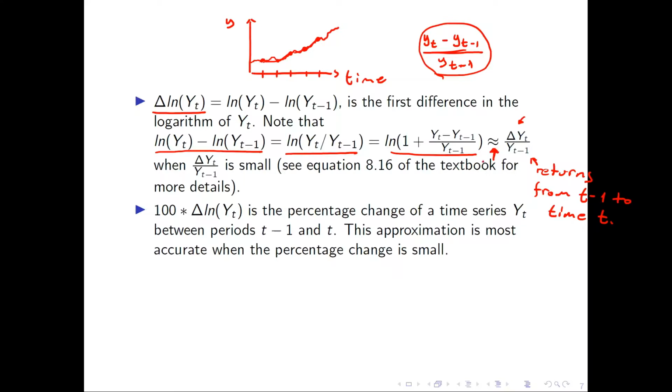We are assuming that the difference in GDP is not varying a lot from time period to time period. And if you would like to have the percentage change of the time series, you could just take the first difference in the logarithm, times 100. So then you would get the change in percentage form.